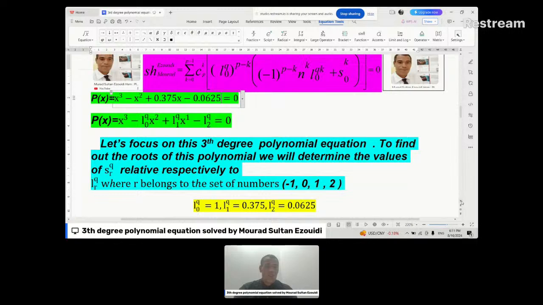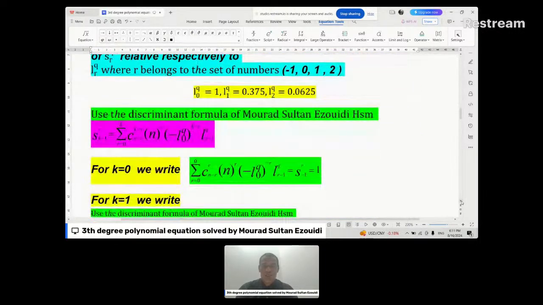After that, you are going to conclude your x roots. Here, learners, we said that L0 of ODQ is 1, L1 is 0.375, and L2 of ODQ is 0.0624.